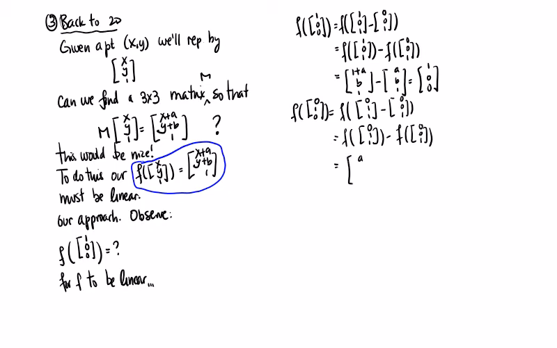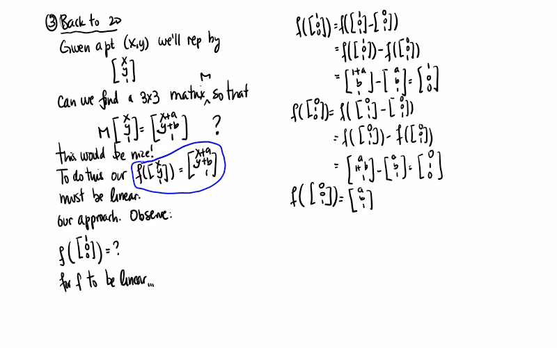This would need to be a, 1 plus b, 1 minus a, b, 1, which is 0, 1, 0. And last but not least, F of 0, 0, 1. I don't need to split this up because I can just use the blue equation as is. This would need to be a, b, 1.